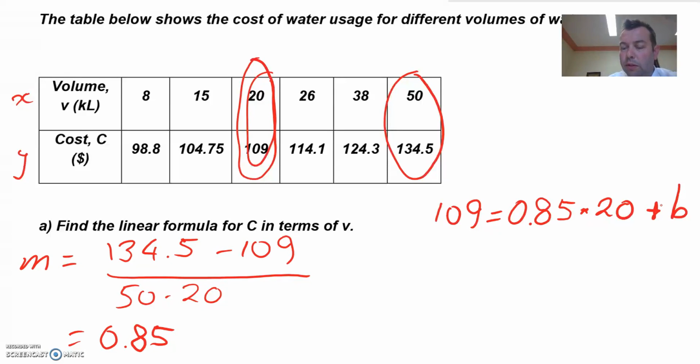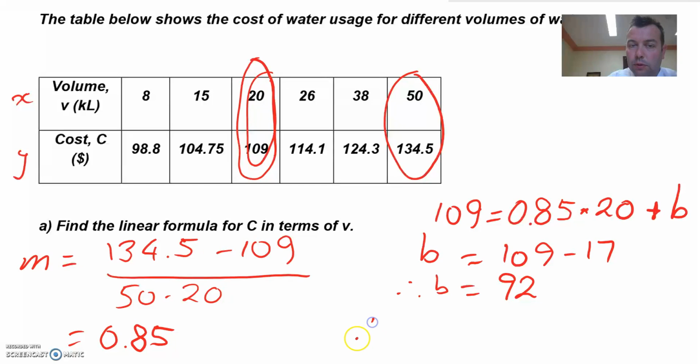Now, when we work this out, I get b equals 109 minus 17. Therefore, b equals, what's 109 minus 17? It's going to be 92.